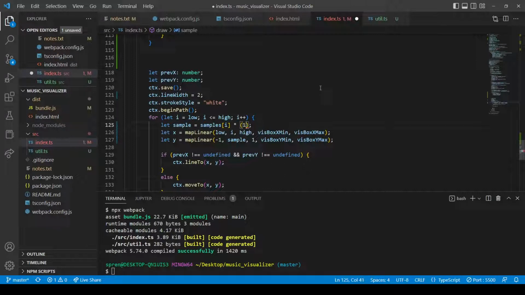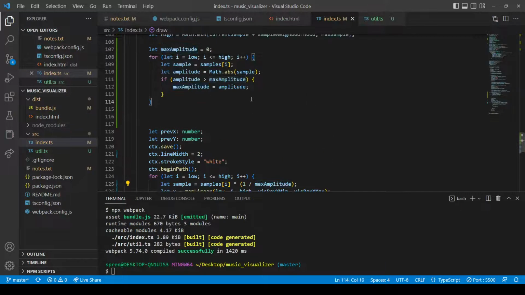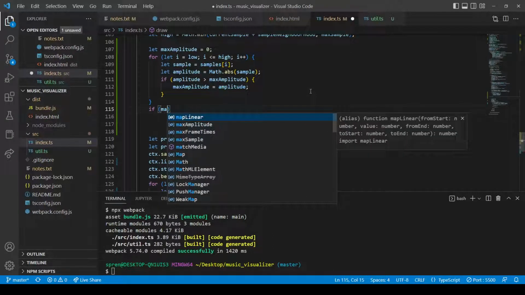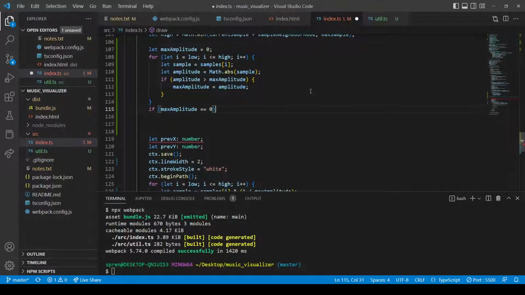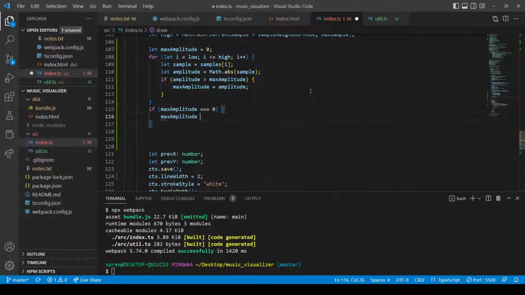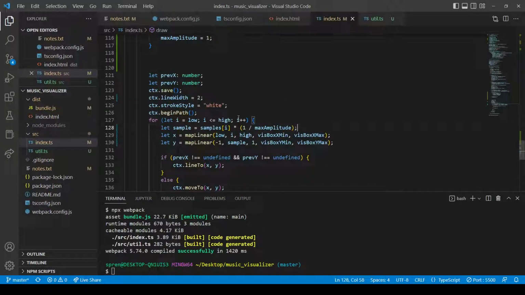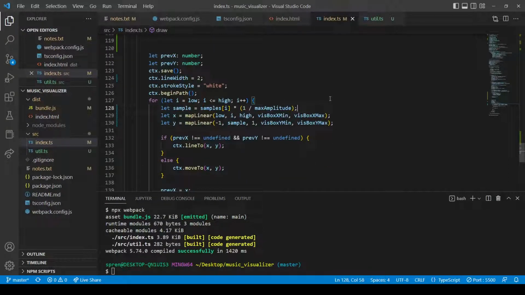So if we do 1 over the max amplitude, then I'm stretching it out.